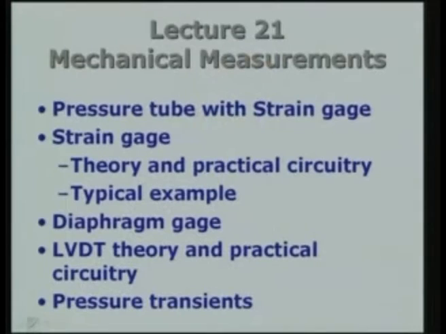After that, we started looking at other types of measurement of pressure, different types of gauges which can be used. We looked at the Bourdon tube as one of the cases. It is a mechanical instrument. And then we started talking about other types of gauges like the diaphragm gauge and the use of a strain gauge for measuring the deflection of a diaphragm.